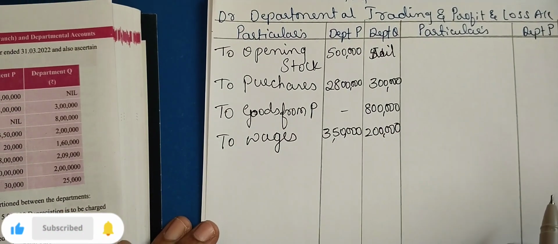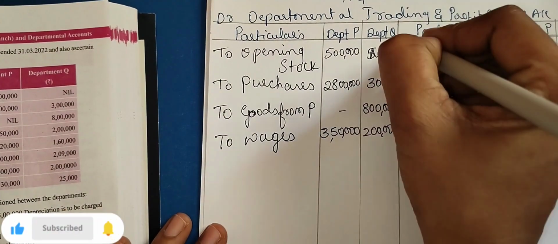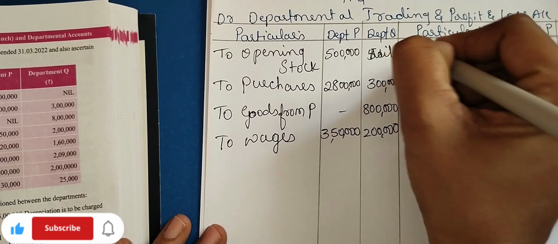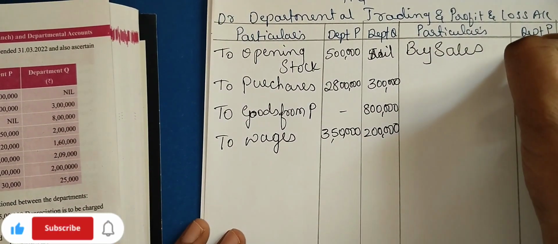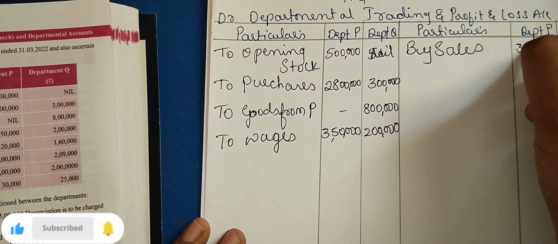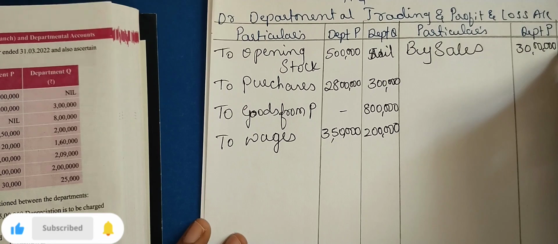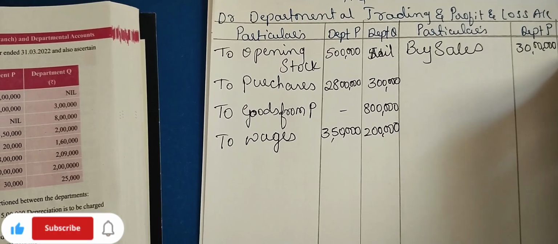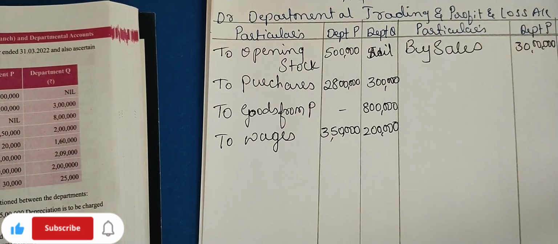Is there any other expense related to the trading account? No. Now we record the sales. By sales, 30 lakh and 20 lakh.